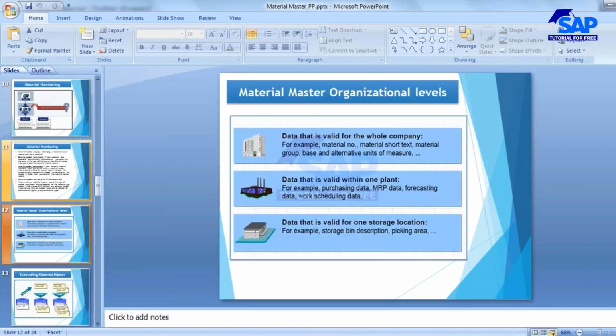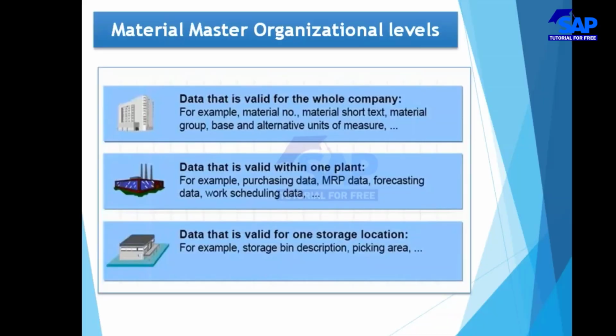So now let's go to material master organizational levels. Okay, so the material master is normally maintained at 3 levels. One is at client level. Some data is valid for the whole company, whole organization, that you maintain at client level. Some data you maintain at plant level, that means only applicable to that particular plant. And there is some data you maintain at storage location level.